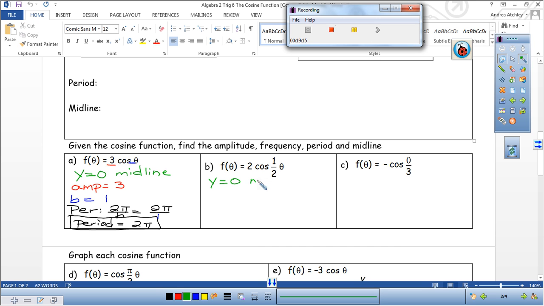Most of us got this correct. The amplitude was 2. The frequency was 1/2. And then the period was 2 pi divided by 1/2, which equals 2 pi times 2/1, which is 4 pi.